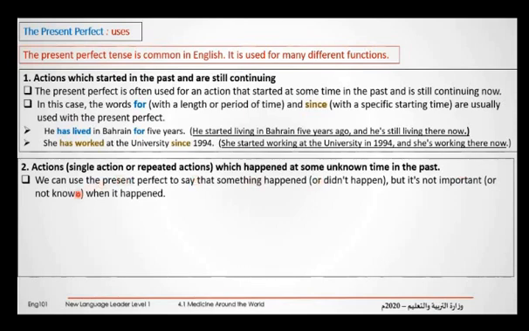We can use the present perfect to say that something happened or didn't happen, but it's not important or not known when it happened.